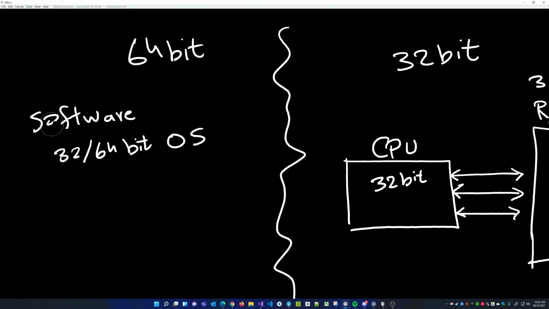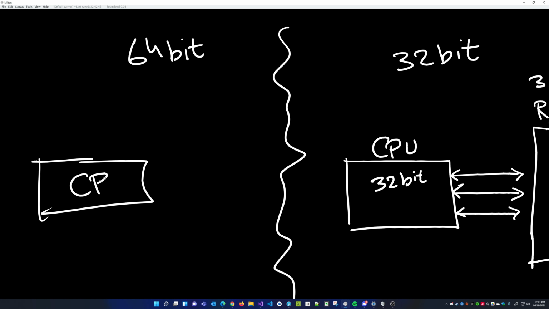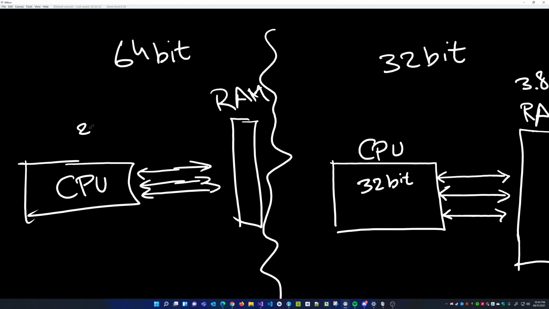Delete that. For a 64-bit, you have your CPU over here, communicating with your memory or RAM. For that, you can basically go to 2 to the power of 64. Here you go to 2 to the power of 32.